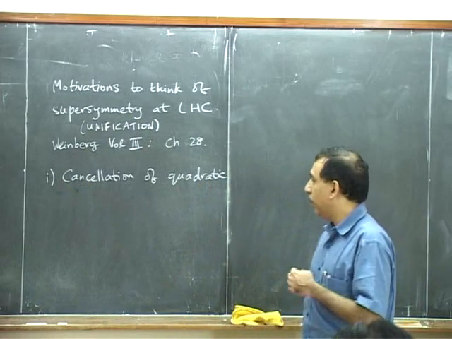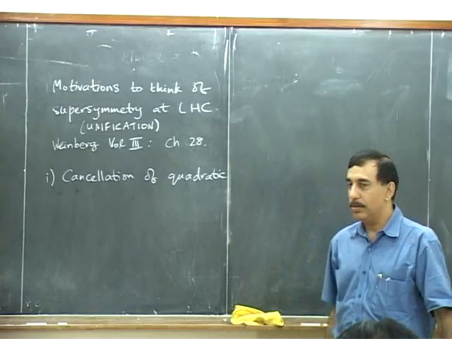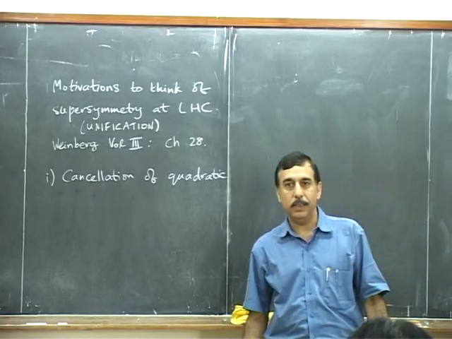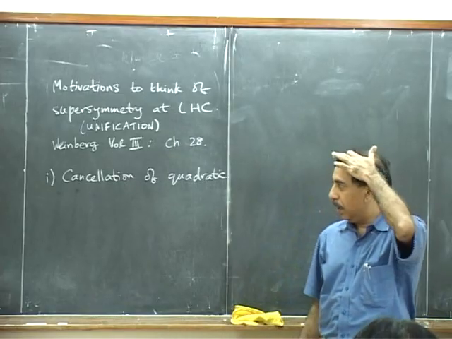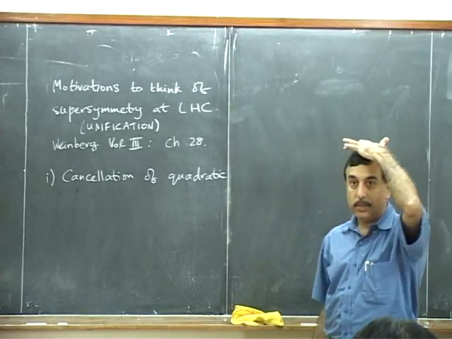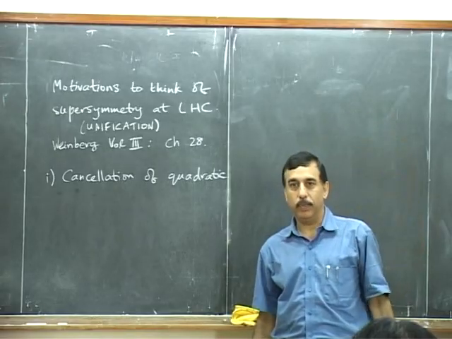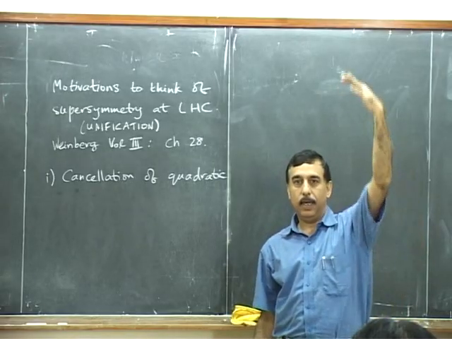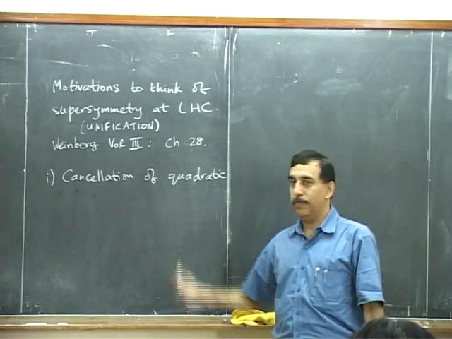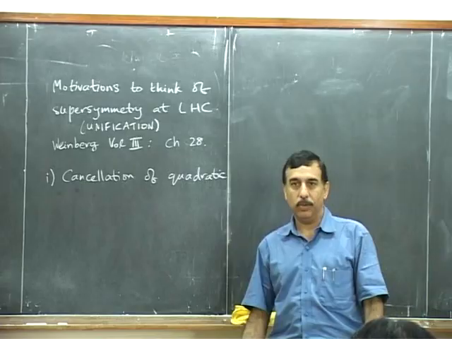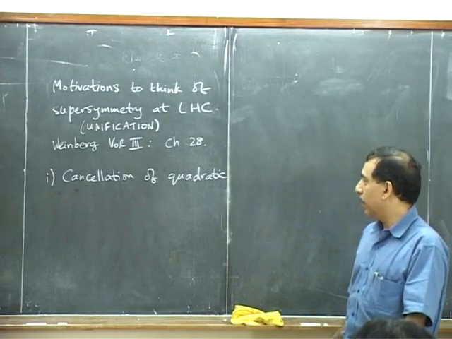Now, if the theory is part of some structure with a higher fundamental energy scale that's possibly close to the Planck scale 10 to the 19 GeV, although it might be 2 or 3 orders of magnitude lower than that, then certain consequences flow, because we assume that there's a unified theory with a single gauge group at that higher scale, and as we evolve the theory down to lower energies, the gauge group splits into our familiar SU(3) cross SU(2) cross U(1), which is certainly the gauge group at low enough energies.